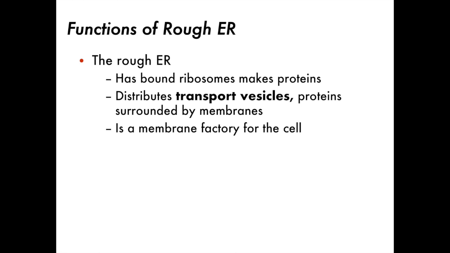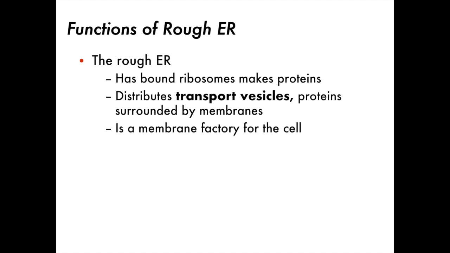Because the rough ER has ribosomes attached to it, those ribosomes' job is to make protein. The rough ER can take those proteins, and if they're going to be exported outside of the cell, it can prepare them for shipping out.